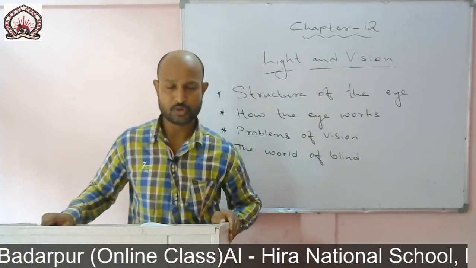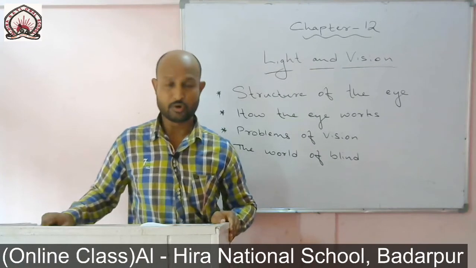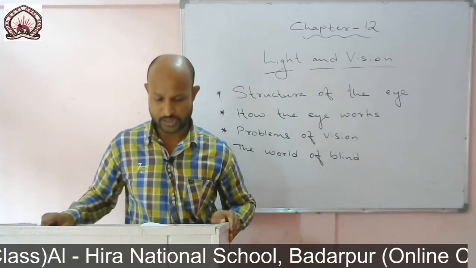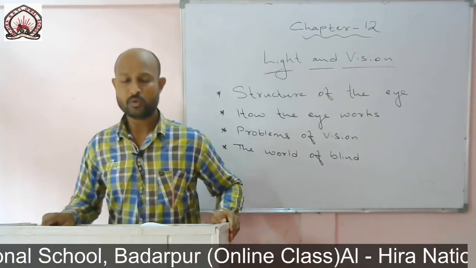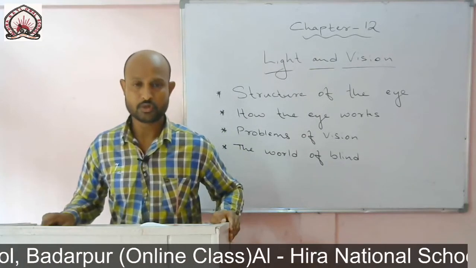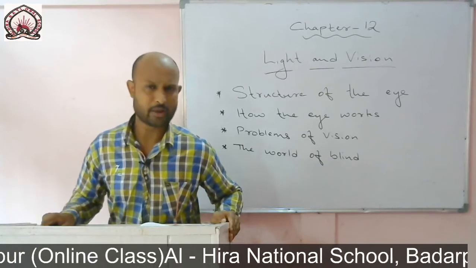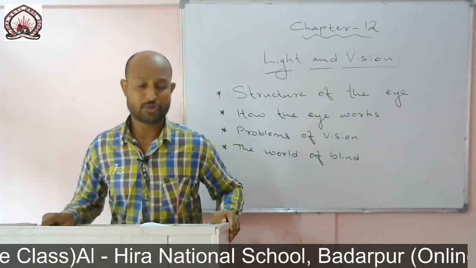You can do different types of work because you are able to see. But just imagine a blind person: how is it possible for him to do the different works that you are able to do by looking with your eyes?